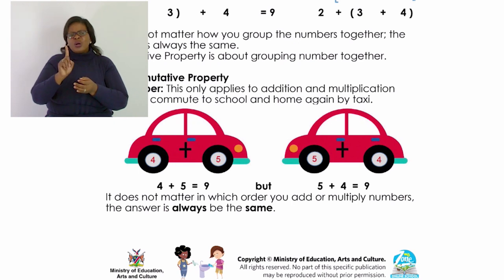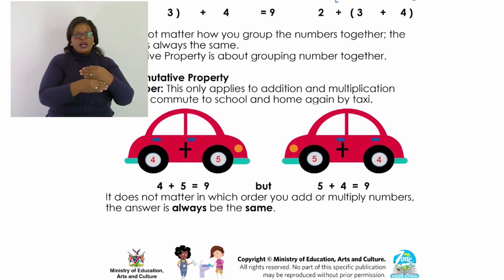So in a commutative property, what happens is that you move the numbers around, or you put them at different positions so that you can find an easier way to do your calculations. All right? Now, this only applies to addition and multiplication.